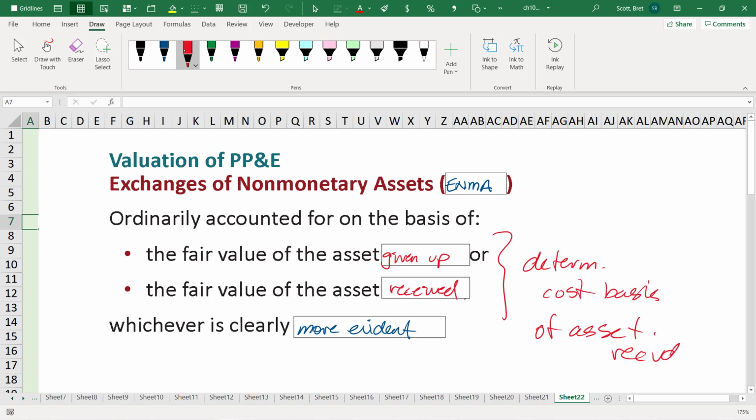So how do we know which one to use? Do we use the fair value of the asset we've given, or do we use the fair value of the asset received? Well, generally speaking, don't overthink this too much. If we engage in a transaction with somebody, the value that we give is going to equal the value that we receive.